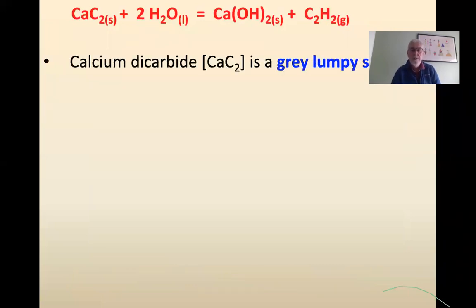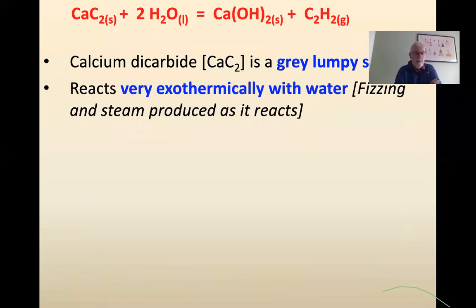Right? Calcium dicarbide, you'll often be asked to describe it. It's a grey, lumpy solid. It reacts very exothermically with water. There's fizzing and lots of steam is produced as it reacts.